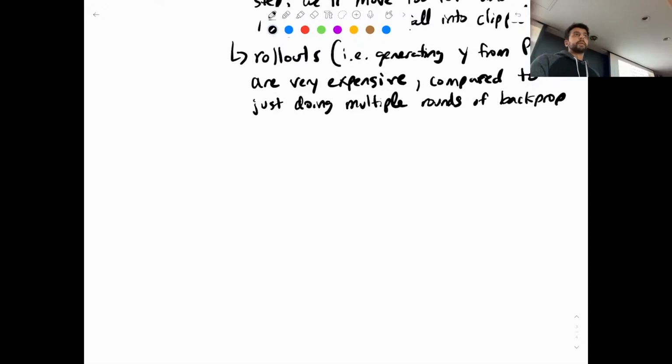So we can get more bang for our buck by doing multiple steps this way and measuring, oh, well, we still have some mileage to go on this token, but these ones we're going to stop updating. So that's the idea. Generally, with each step on the same batch, we are getting more and more tokens that fall outside of the trust region. Okay, that's a good question.